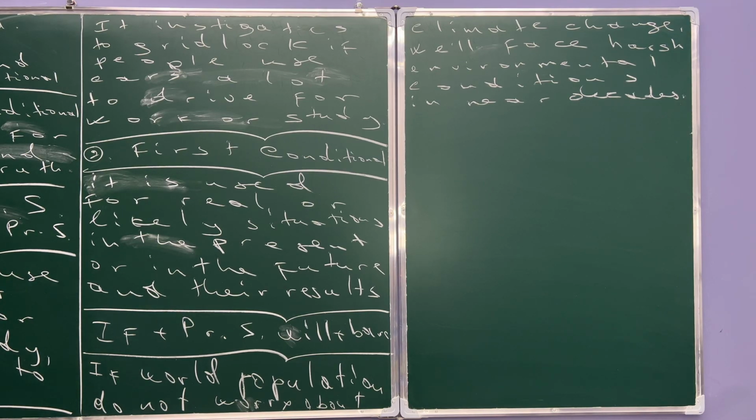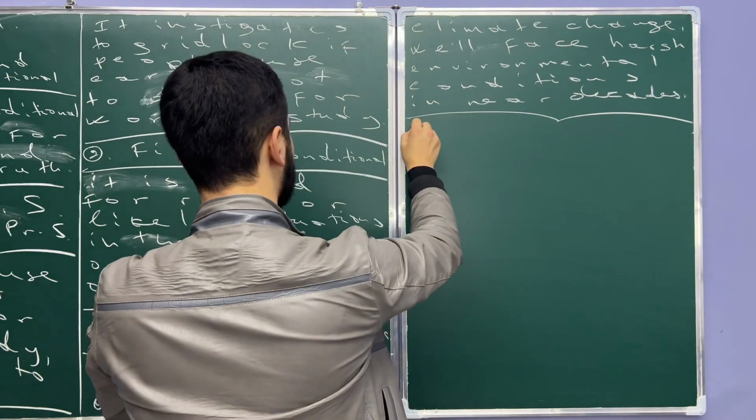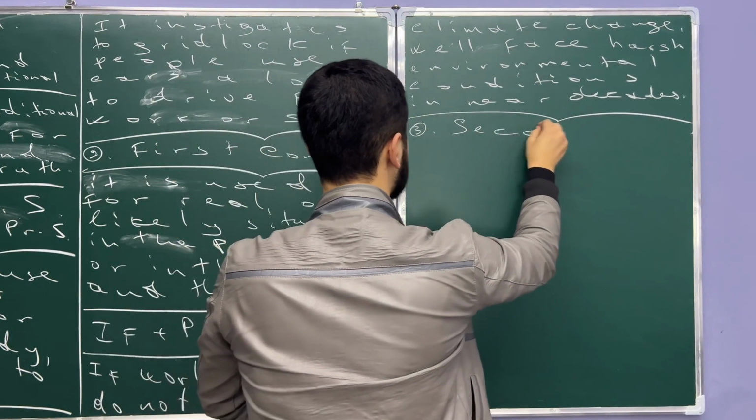Maybe we may suffer from sunny days, we may suffer from cold days, and so on, or the rising of the sea levels, and so on. Next, number 3, second conditional.